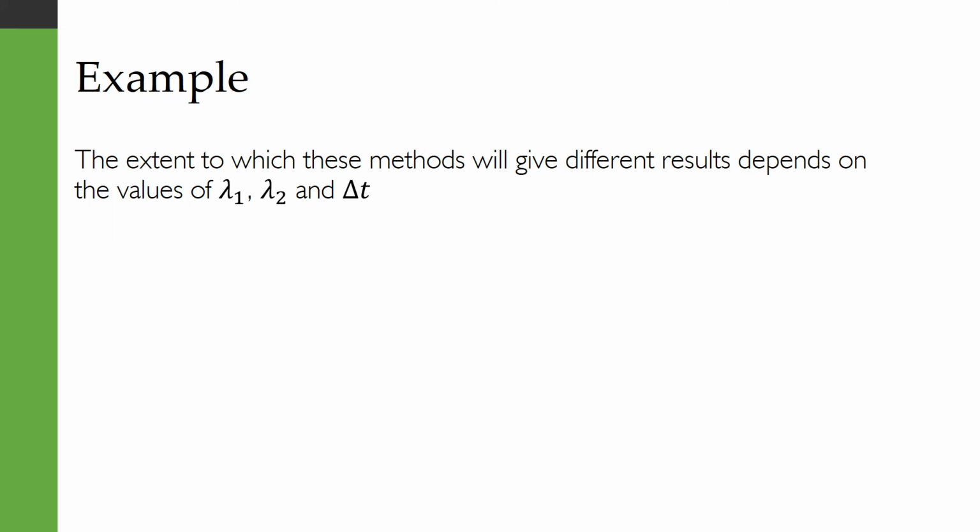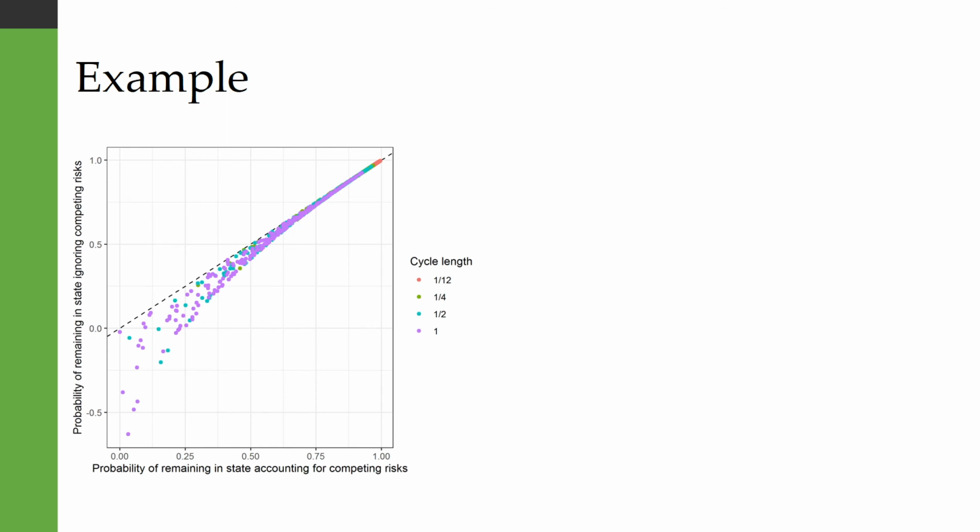Now, the extent to which these methods will give you different results depends on the values of those hazard rates and the cycle length. Here we've got an example where I randomly chose a bunch of different hazard rates and then put them into a model with different cycle lengths.